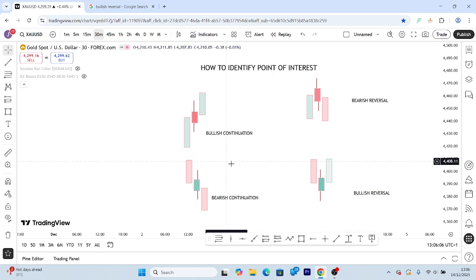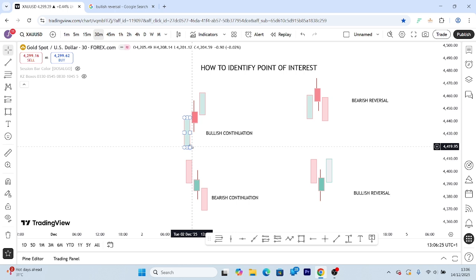All right, so how do we identify the point of interest? Point of interest, you identify it using 3 candles.